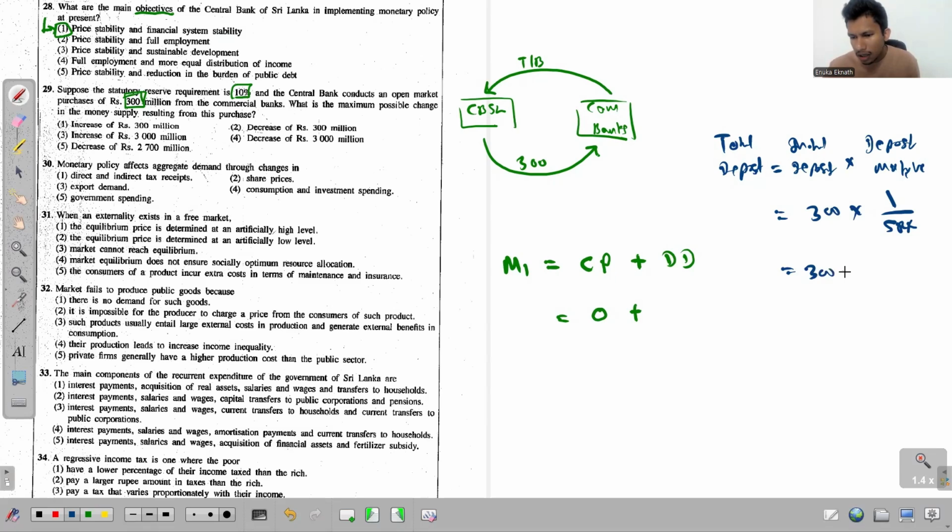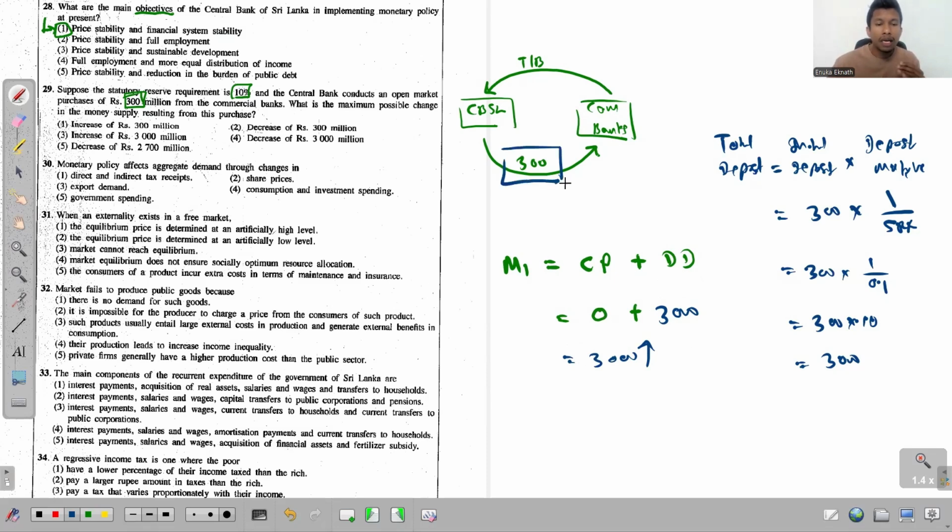SRR is given to us here as 10%, which is 0.1. So simply 300 multiplied by 10, the answer is 3000. So the total demand deposits increase by 3000, and as a result, the money supply also increases by 3000. That's the final impact on money supply as a result of this transfer of 300 million from the central bank to the commercial banks.